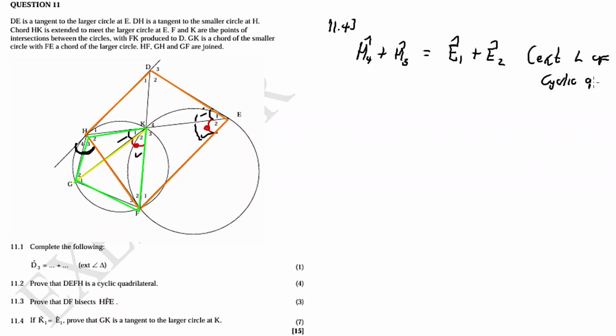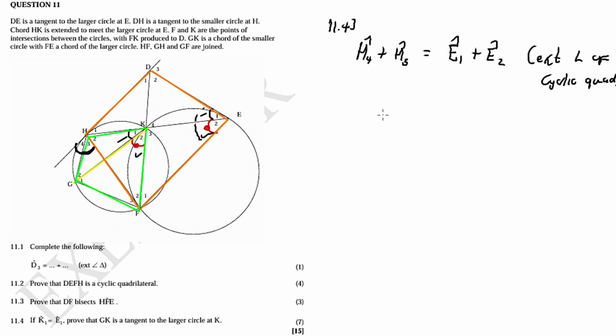So H4 plus H3 combined are equal to E1 plus E2. When an angle is an exterior angle of a cyclic quad, it is equal to these two combined.